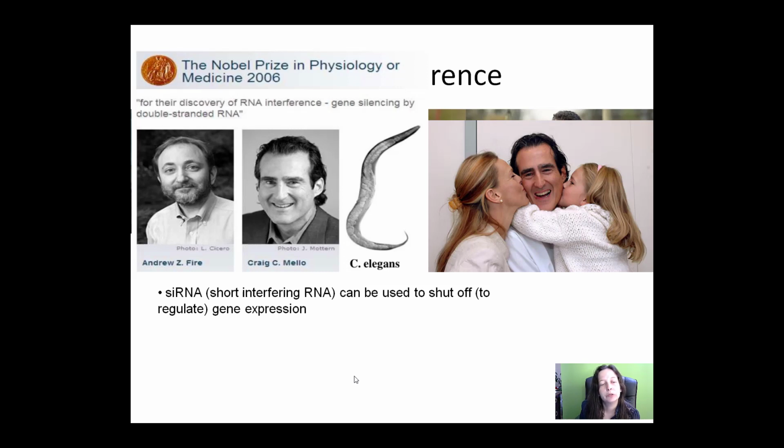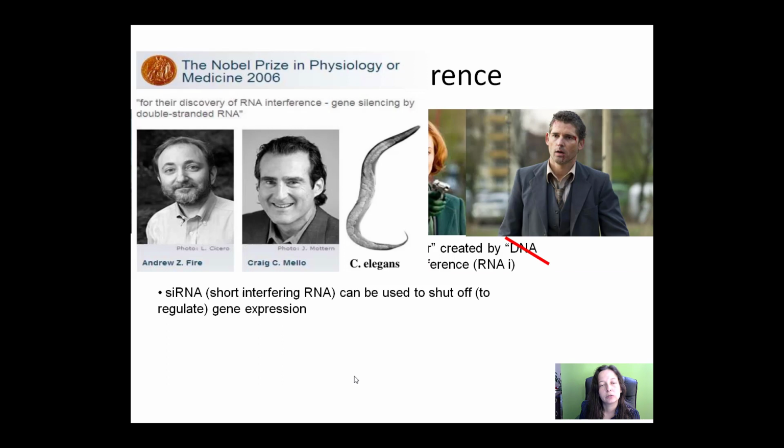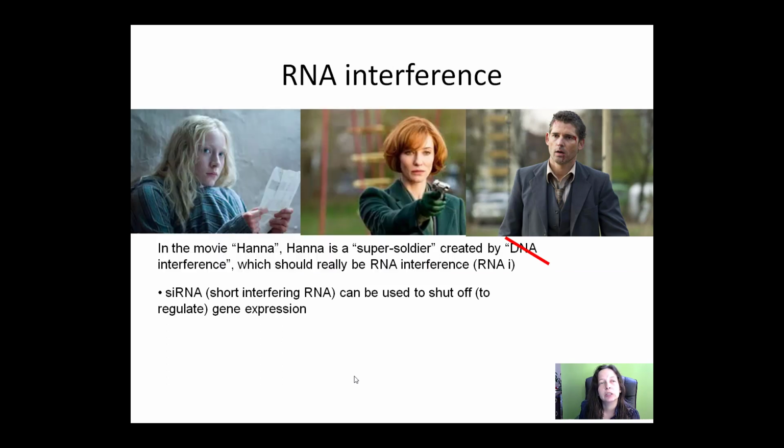So this was a big thing in 2005, 2006. Everyone thought this was a really cool way to turn off gene expression. For example, for my graduate school dissertation, I also worked with siRNA.